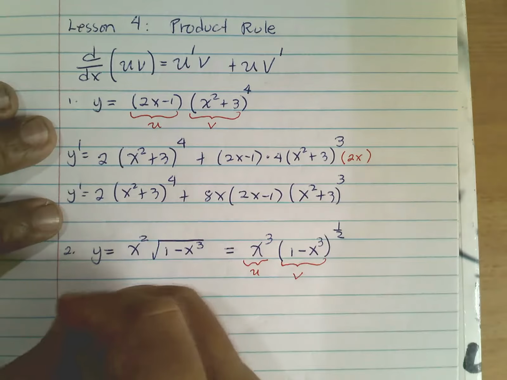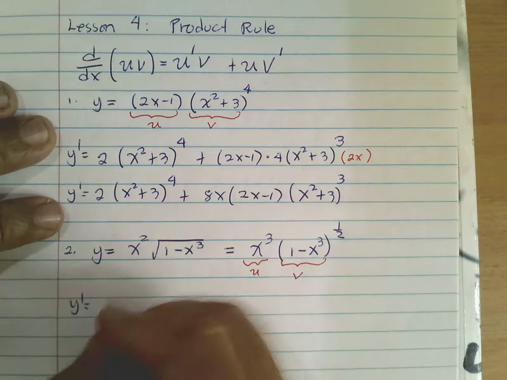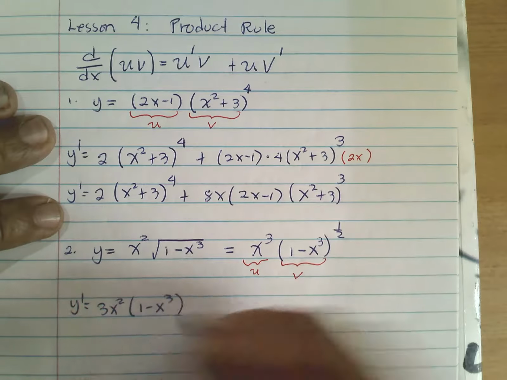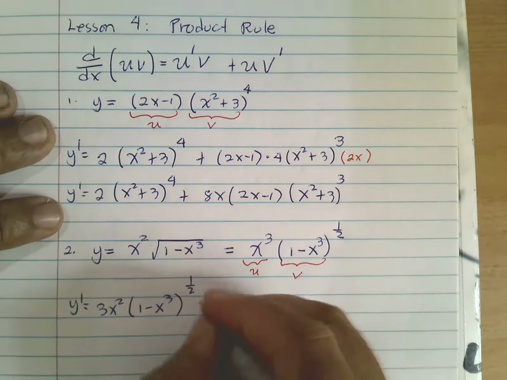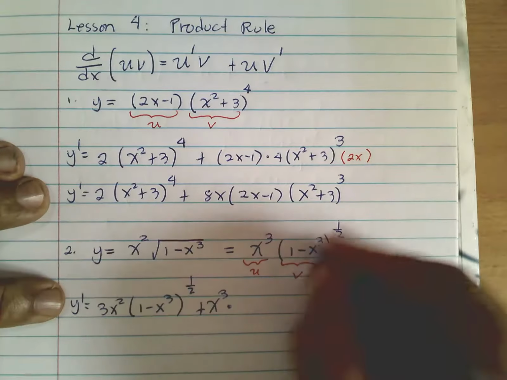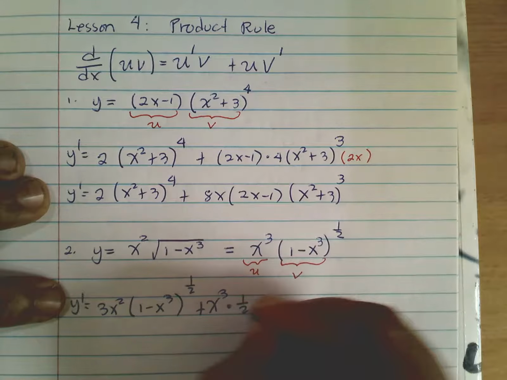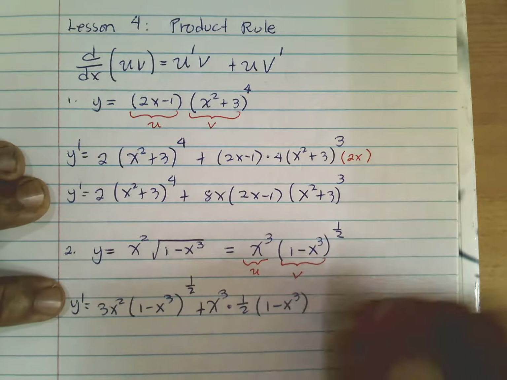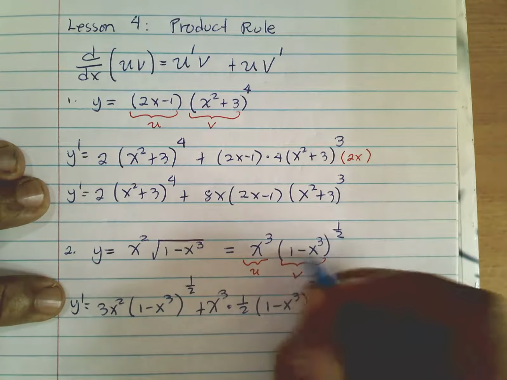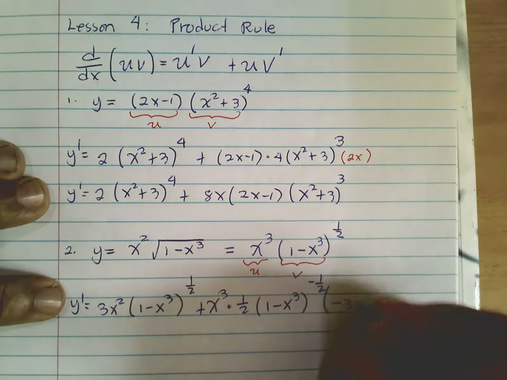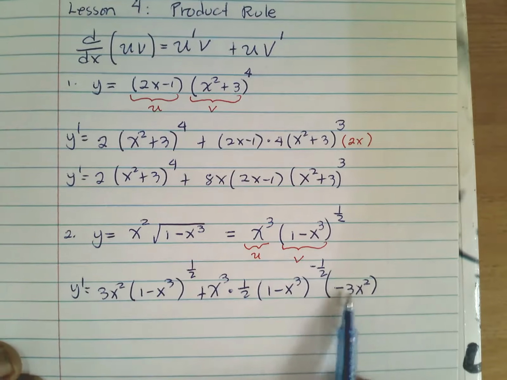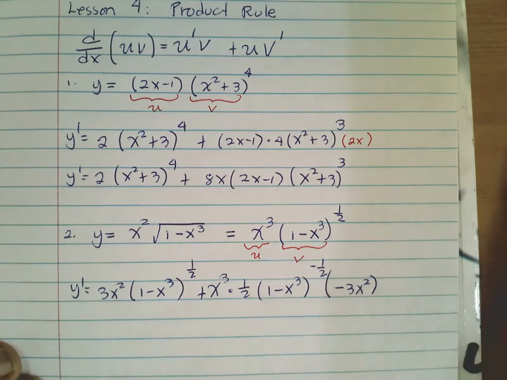So the y prime: the u prime is 2x times your v, which is (1 minus x cubed) raised to the half, plus your u, which is x squared, times the derivative of the v, which is 1 half times (1 minus x cubed) raised to 1 half minus 1, which is negative half, times the derivative of 1 minus x cubed, which is negative 3x squared. Again, don't forget, you need to multiply by the derivative of the inside.